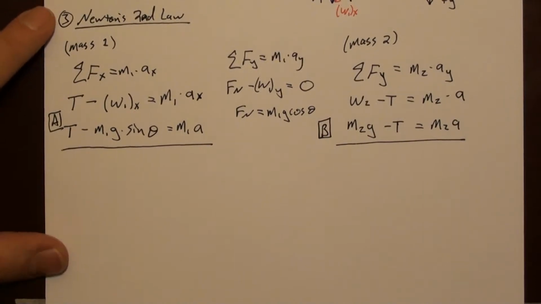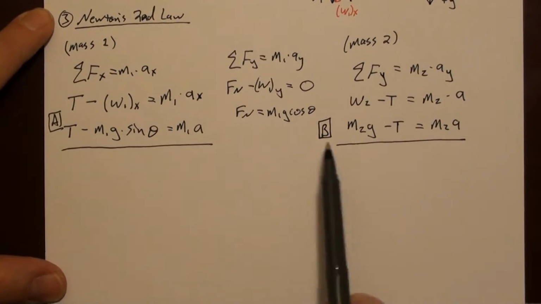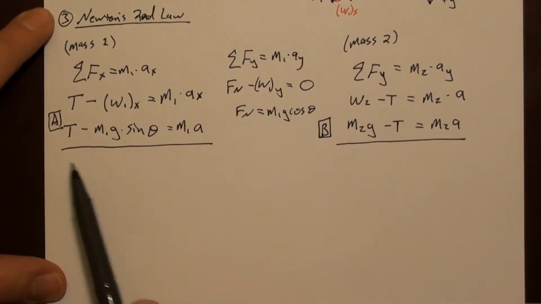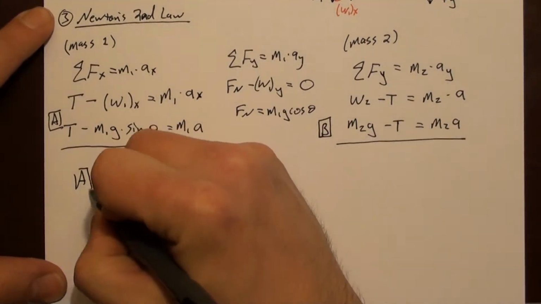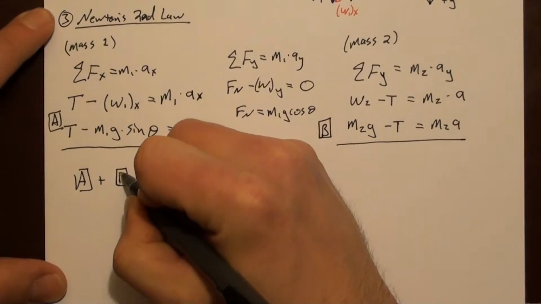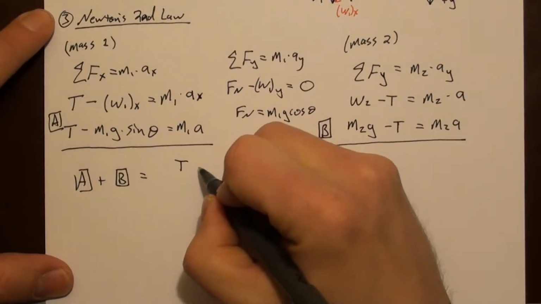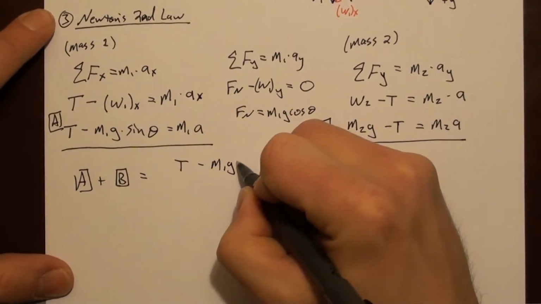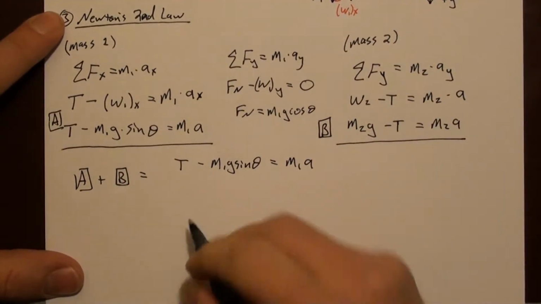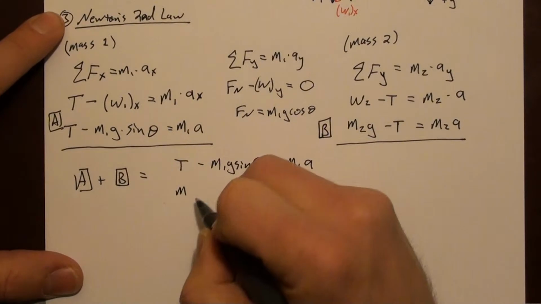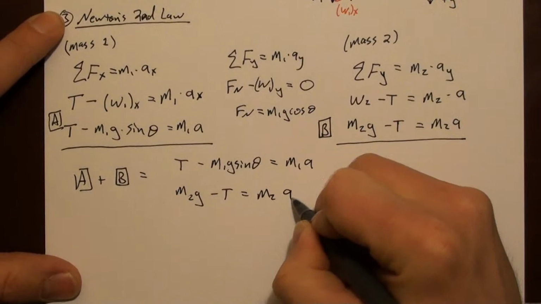Okay, so now we need to do a little bit of algebra. It looks like if we add these two equations, the tensions will go away. Right? And we should be able to solve for the acceleration. So if we say A plus B, so I'm going to write those on top of each other. So let's say T minus m1g sine theta equals m1a, and m2g minus T equals m2a.